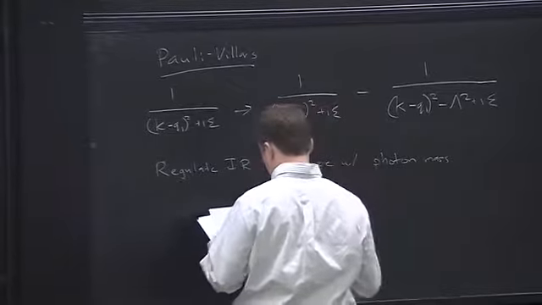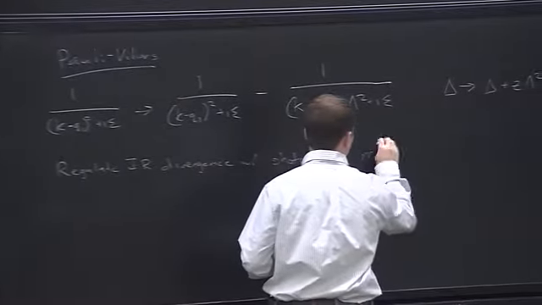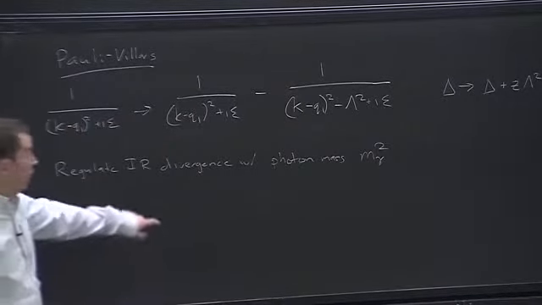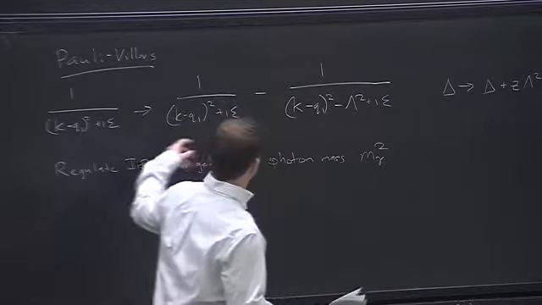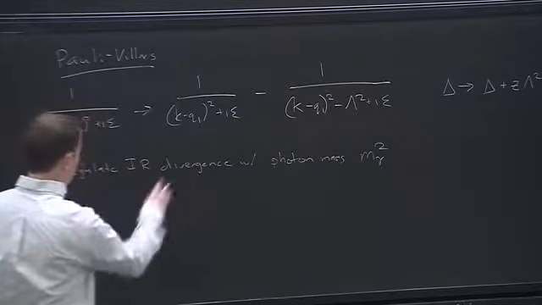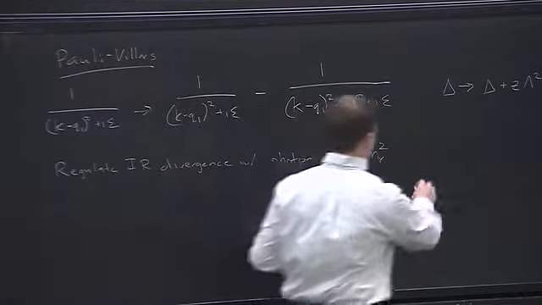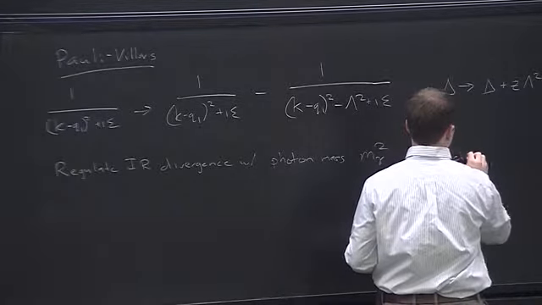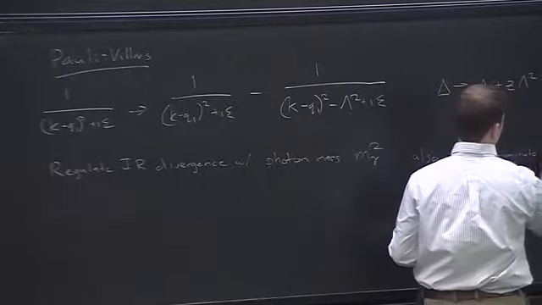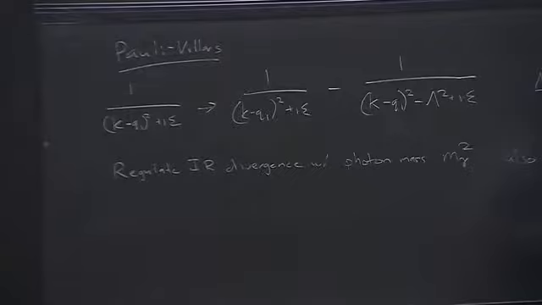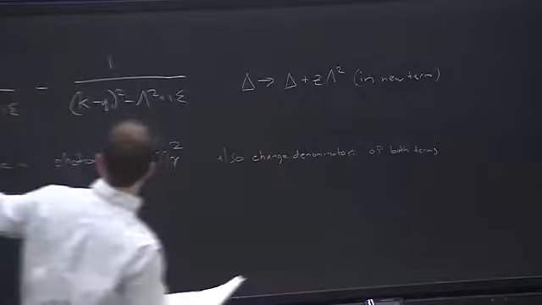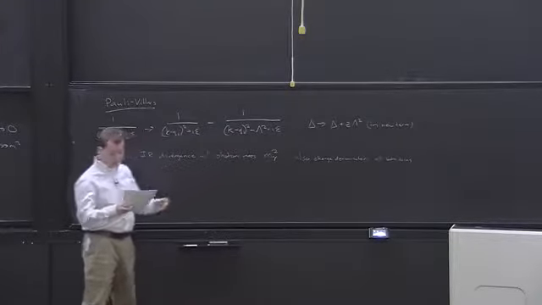So we'll say that the photon has some mass squared, m gamma squared. And if the photon had a mass m gamma squared, that would also only change our denominator. The photon propagator would have a new term, and so it would change the denominator of both terms, the two terms being our original term and our new Pauli-Villars term.